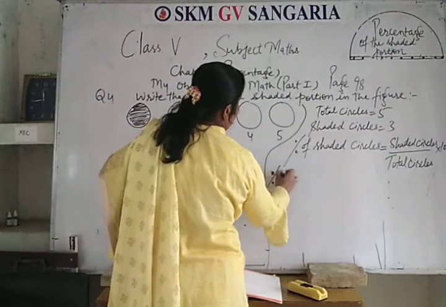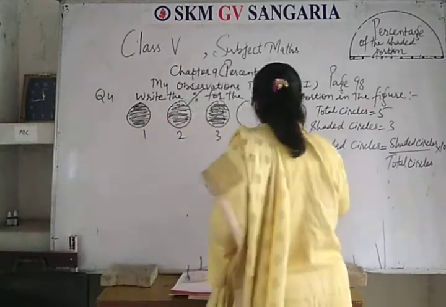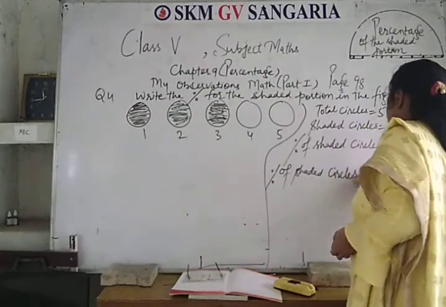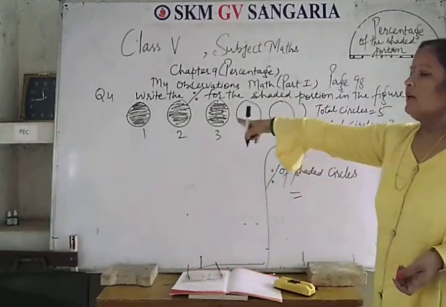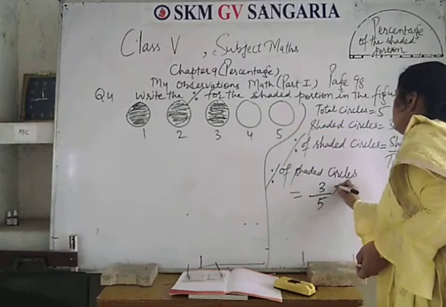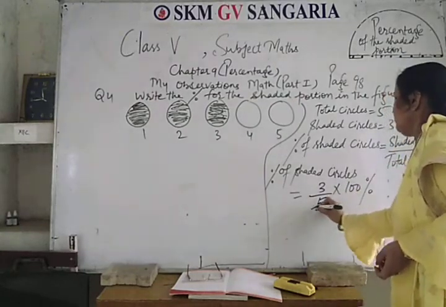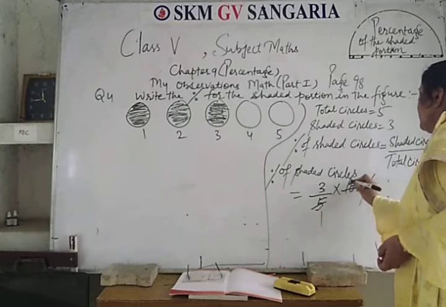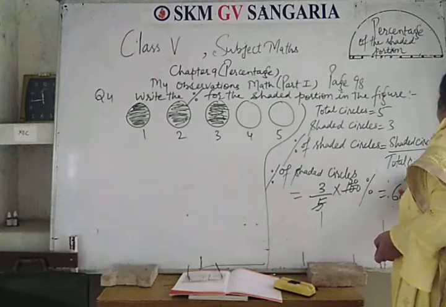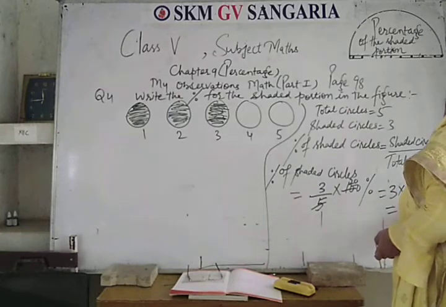So percentage of shaded circles: 3 are shaded, so 3 will be taken as numerator, total circles as denominator, into 100%. Simplify: 5 ones are 5, 5 twos are 10, so 20. You will multiply 3 into 20%. This is 60%.